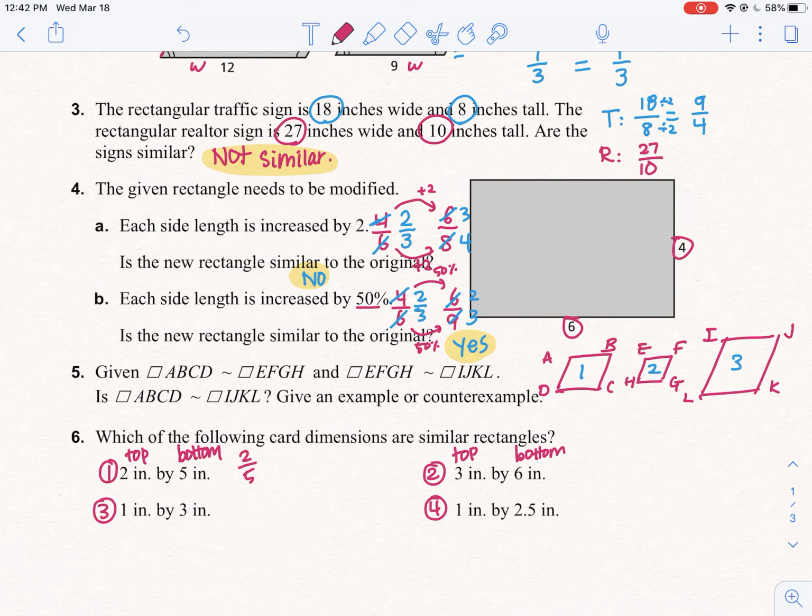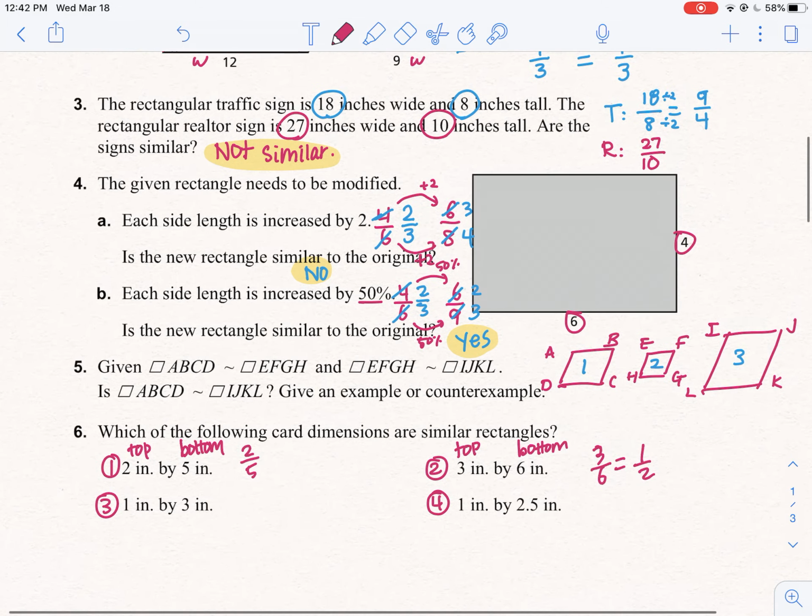Okay, so in this case, it's going to be 2 over 5. 3 over 6, which I can simplify into 1 over 2. 1 over 3, and this is 1 over 2.5. Now, I can't really have decimals on the bottom, so I'm going to make it into a number that has the same value, but has whole numbers or integers.